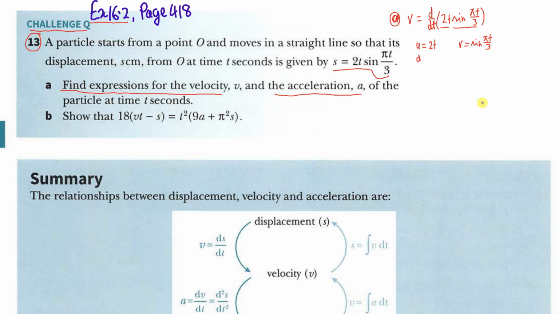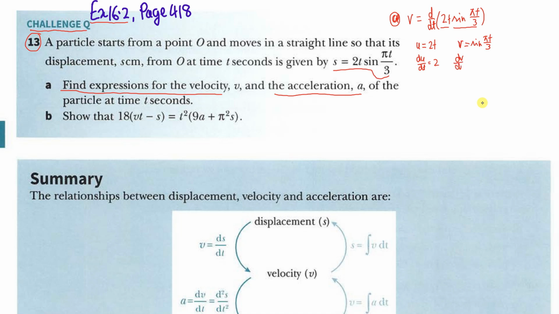Now differentiate: du by dt gives 2. Don't mix up this v and the velocity; this is just what we consider as v. This is not the velocity.